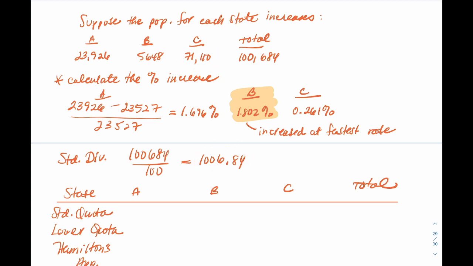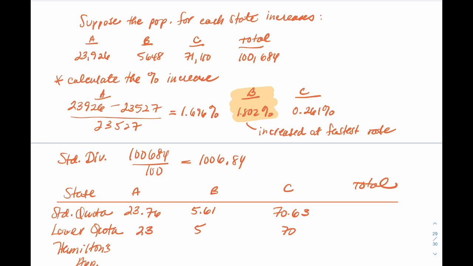Okay, you're going to get the following for your standard quota. And then remember, we're always rounding down for Hamilton.